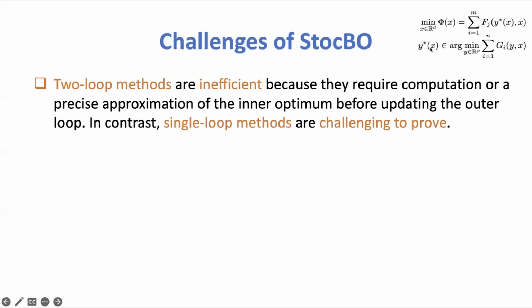And then using this y star given x, we optimize phi x. However, these two-loop methods are always not efficient, and they require additional computations. On the contrary, single loop methods involve the computation of x and y at the same time. However, we found that in theory it is always very hard to prove this kind of method.